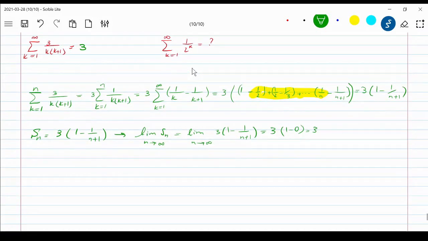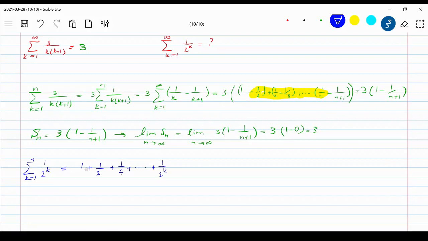And how about the other summation? Let me choose a different color. So if you want to find out what is the summation of 1 over 2 to the power k, k from 1 to n, so the first n terms of this sequence is the same as 1 half plus 1/4 and so on up to 1 over 2 to the k.